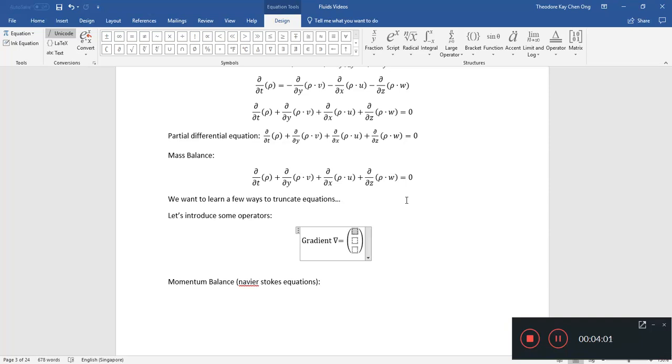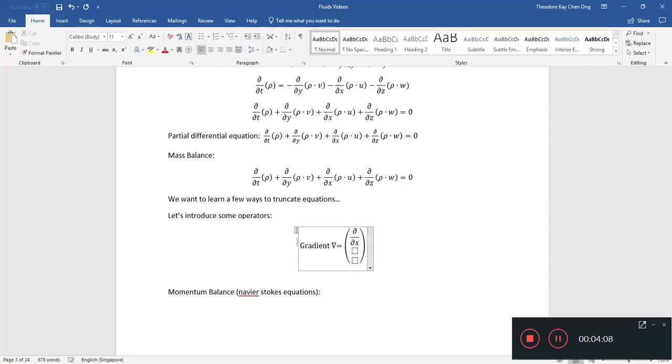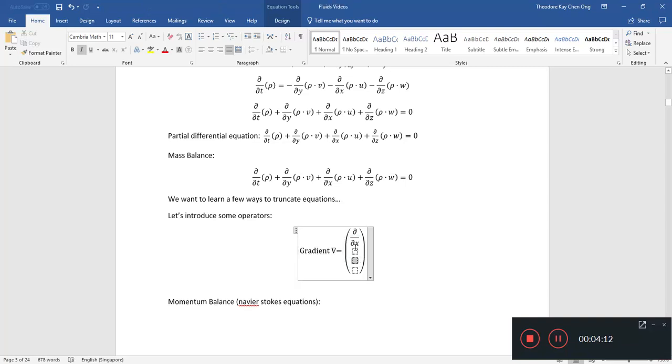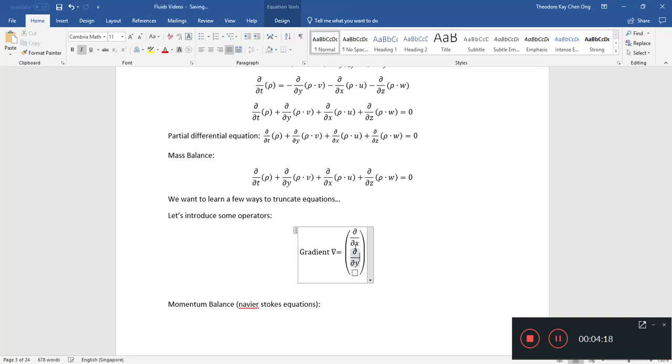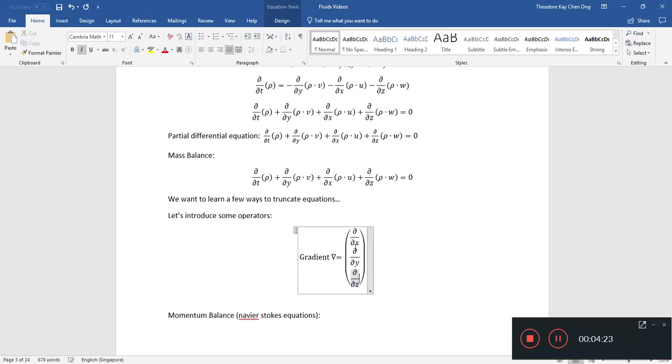So the gradient operator is basically a partial by partial x, partial by partial y, and a partial by partial z. That's all that the gradient is doing.